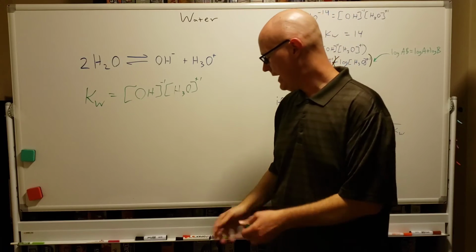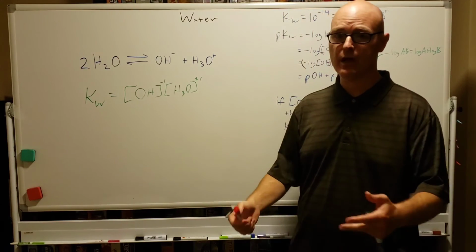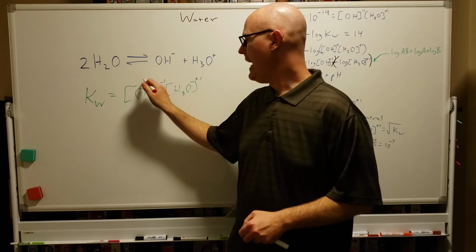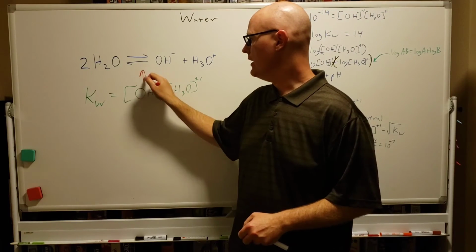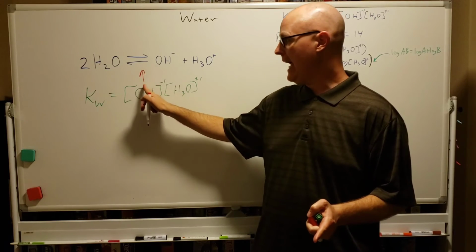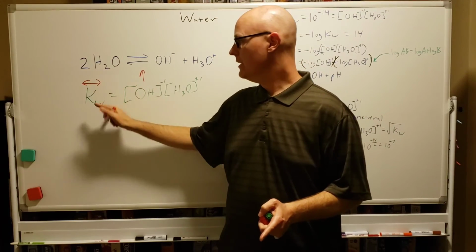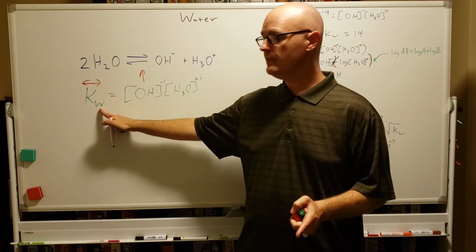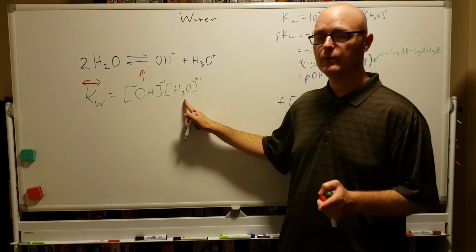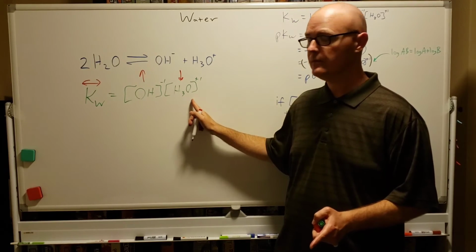Okay, so if I were to add a basic substance, such as sodium hydroxide, I will add to the concentration of hydroxides. In order for this ionization constant to remain constant, it must reduce the concentration of hydroniums.